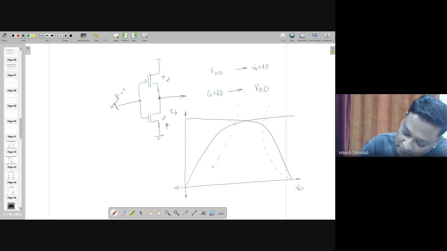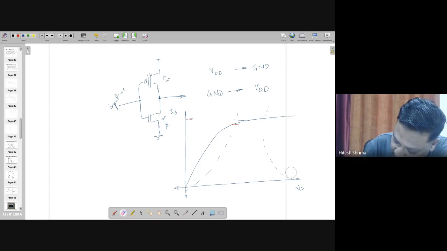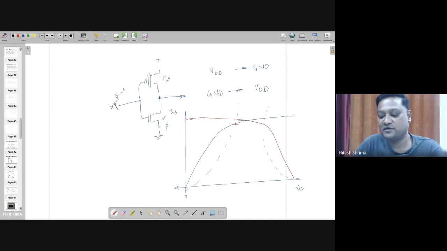If you have the PMOS transistor, it looks like this one. Red color is PMOS, blue color is for NMOS. So both the characteristics are loading each other depending on which particular voltage you are applying here.